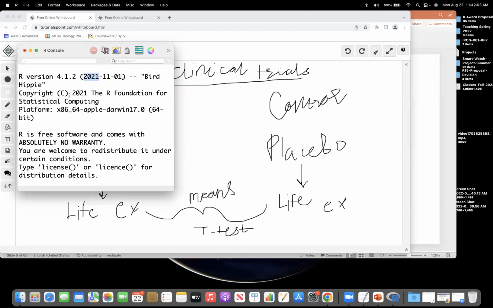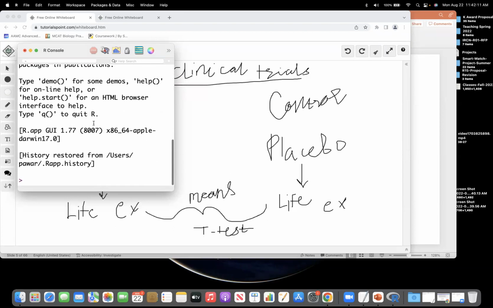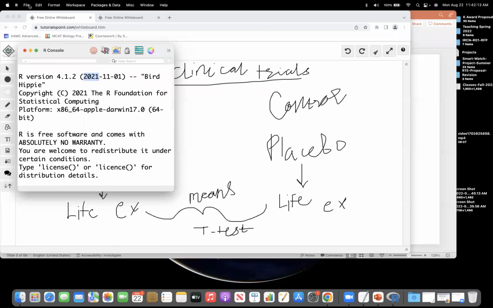But yours should be 4.2.1 from today's installation. Once you do that, I'll show you how to create a new R script document, how to save it, and then how to upload the R script document to your Git repository, how to push your code to your Git repositories.